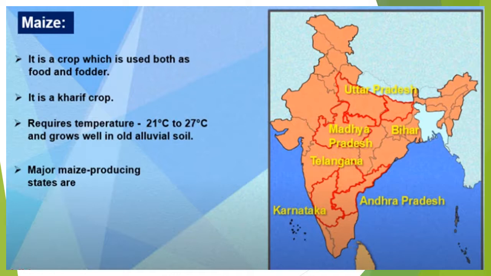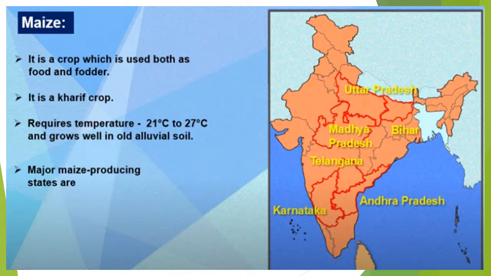This is a kharif crop. This crop requires a temperature between 21 degrees Celsius and 27 degrees Celsius, and it grows well in old alluvial soil. In some states like Bihar, maize is grown in Rabi season also. Actually, it is a kharif crop, but in some states like Bihar, it can also be grown as a rabi crop.